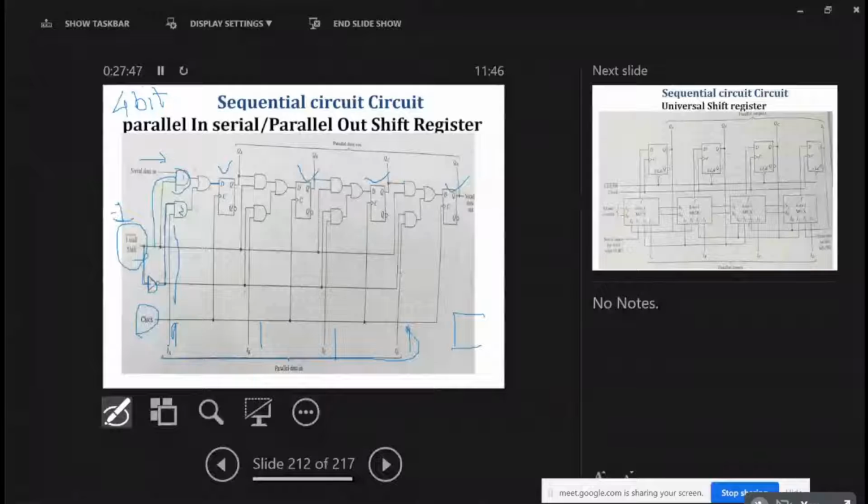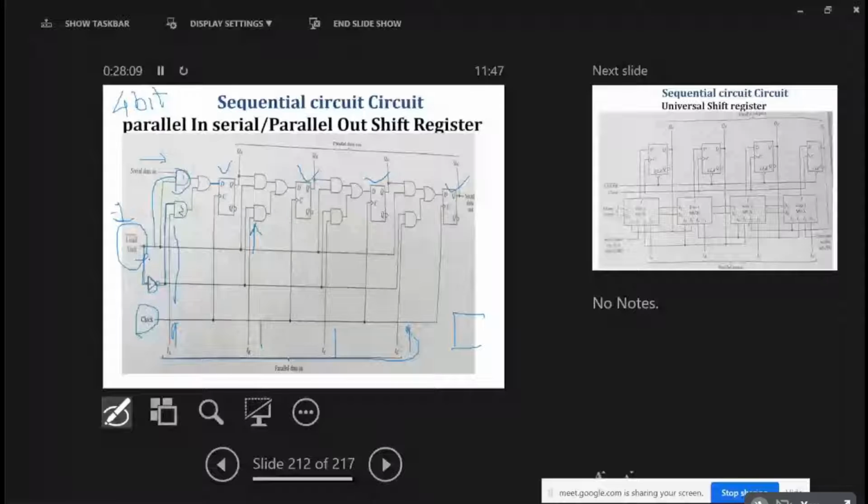For each and every piece of information, the information is ANDed with the complement of this load value.